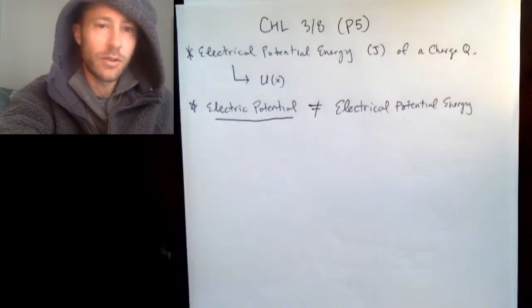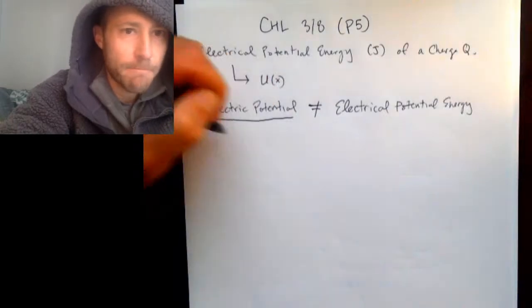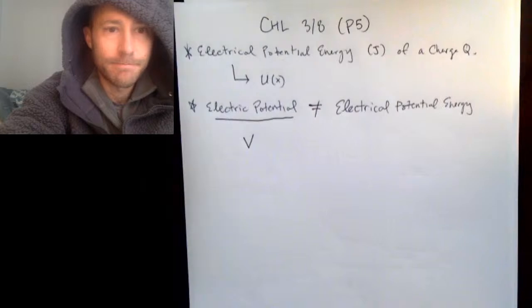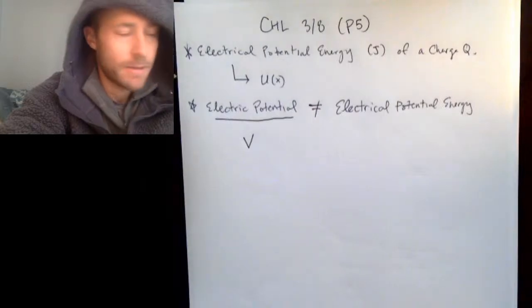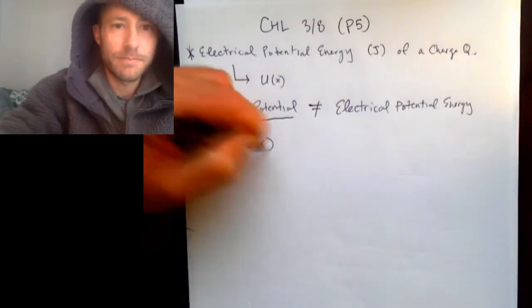And so the electric potential is denoted by V, all right? And it is a function of position.